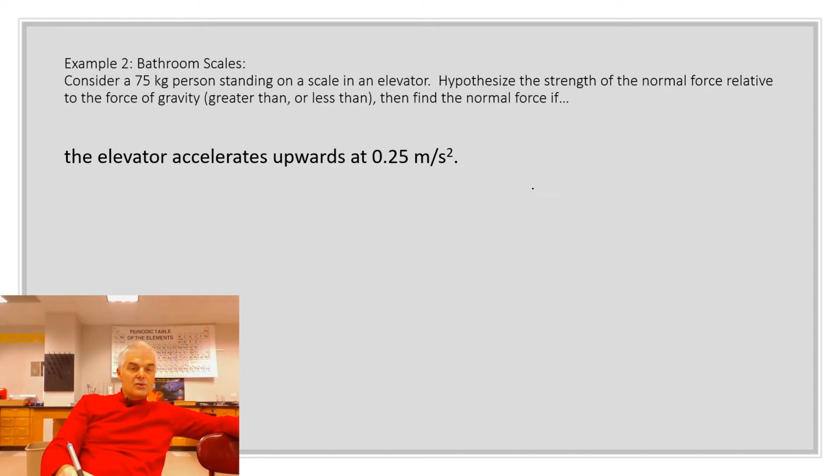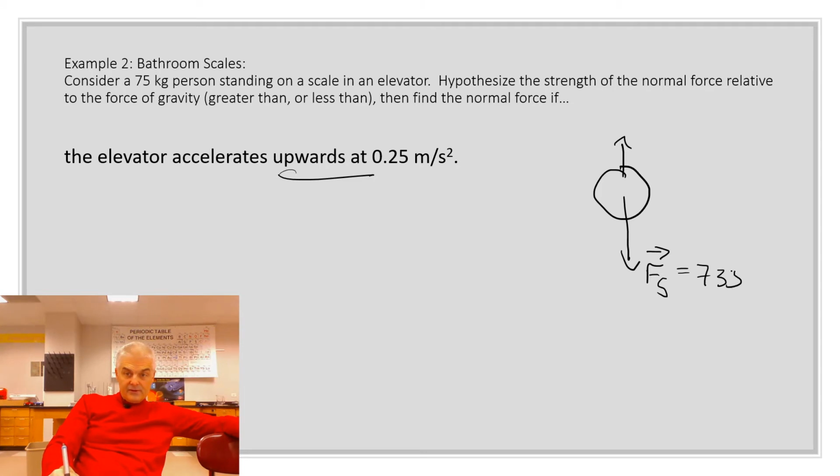All right, so now the elevator is going to accelerate. The elevator is accelerating upwards at 0.25. So now I'm going to simplify my diagram here. So we are accelerating upward, okay, so the force of gravity, F of g, doesn't change because the person still has 735 newtons. So what have we got going on with this one?